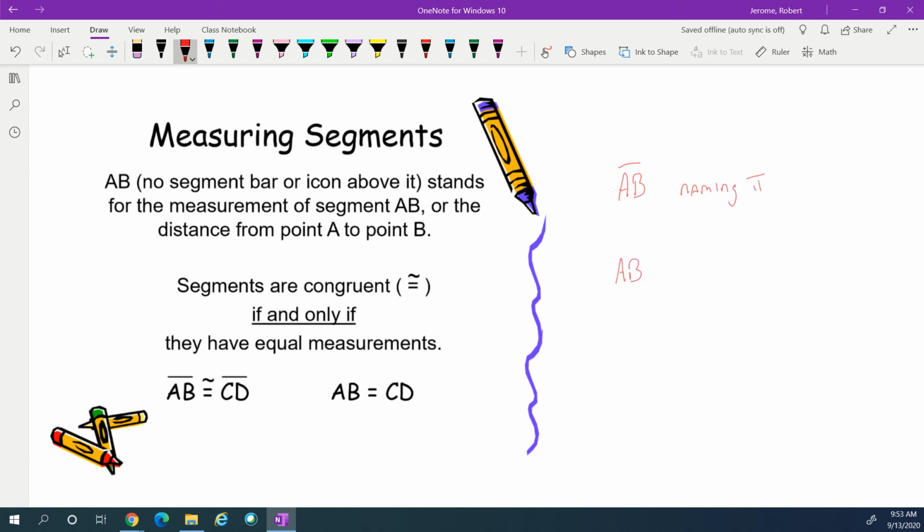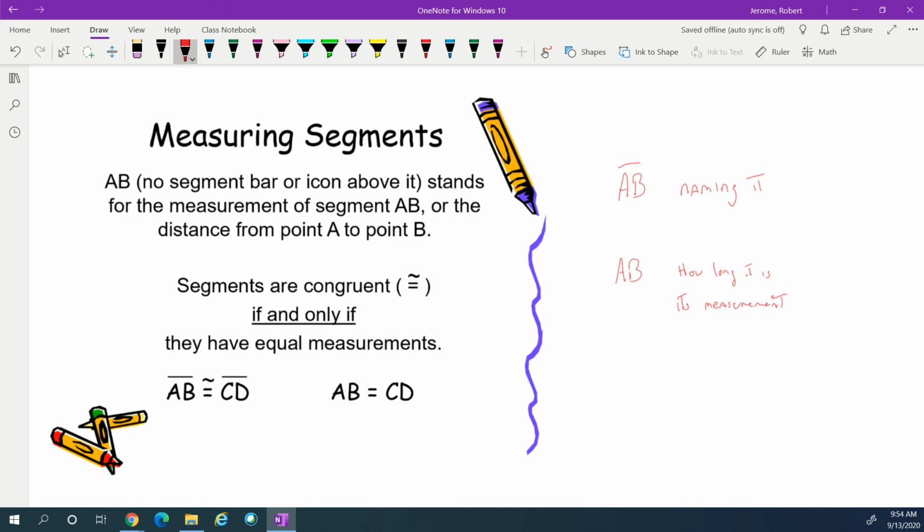Without the bar above it, we're talking about how long it is, or its measurement. So we're identifying that we're talking about the segment going from point A to point B, or from B to A, doesn't matter, but we're referring to how long it is as opposed to just naming it.